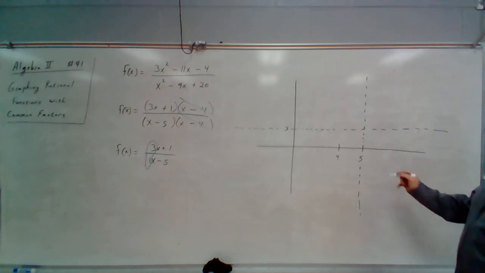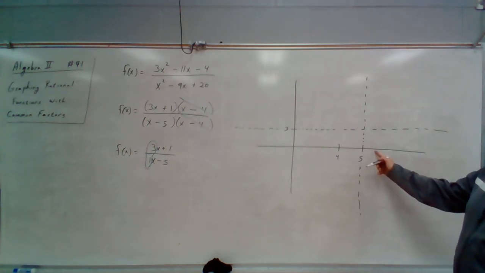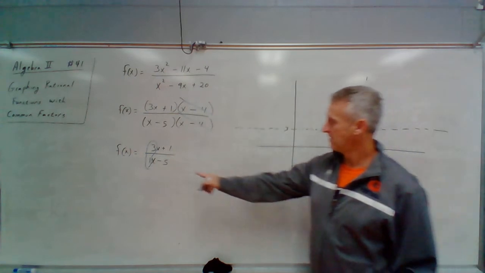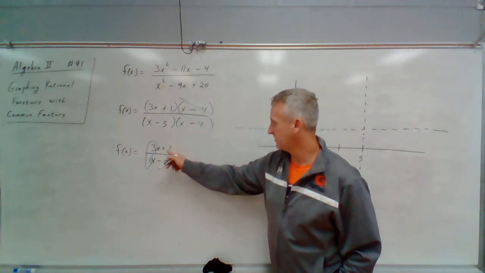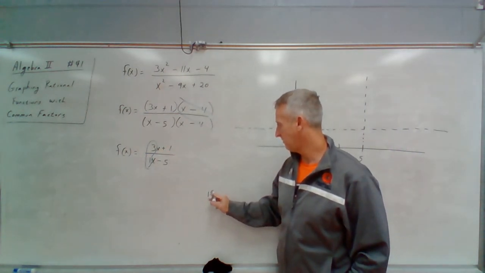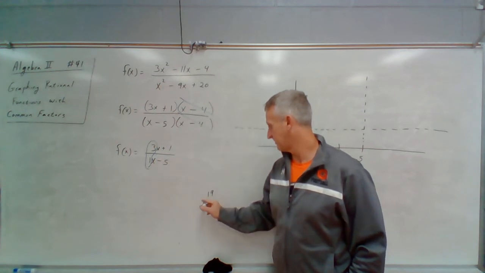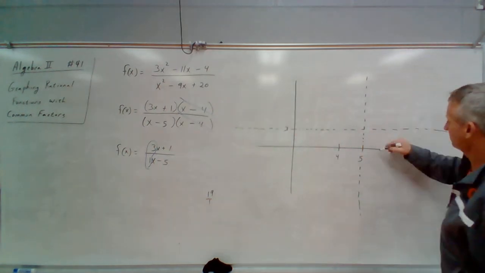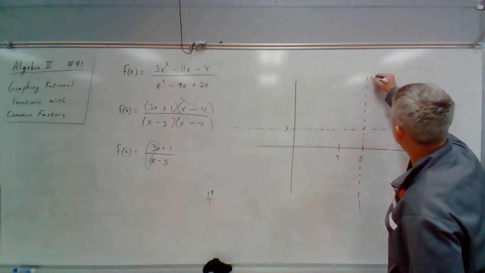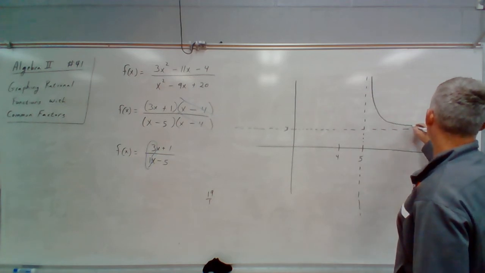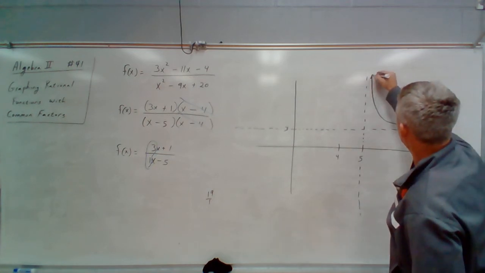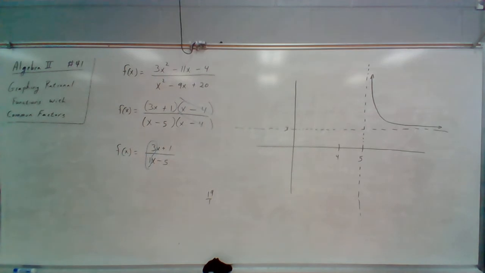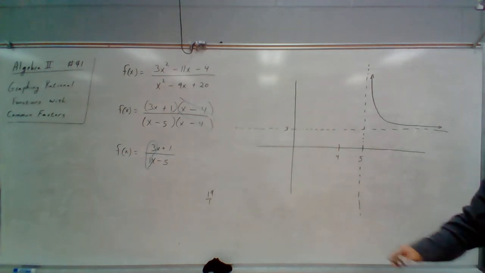Let's see if we can make a graph then. So if I put in 6 to this function, let's say 3 times 6 is 18, plus 1 is 19. And 6 minus 5 is 1, so I get 19. I get something positive up here. So it's going to look something like this, which means this one is probably going to look this way.